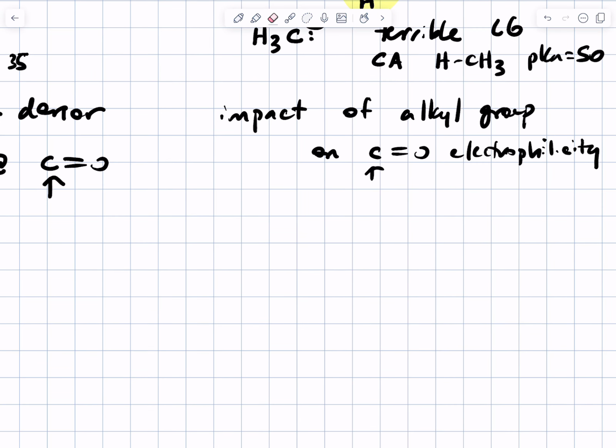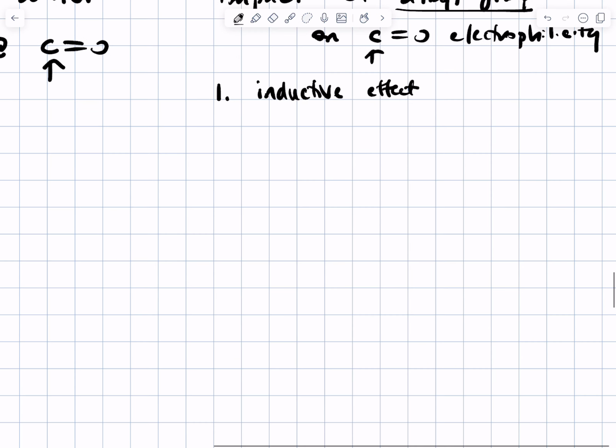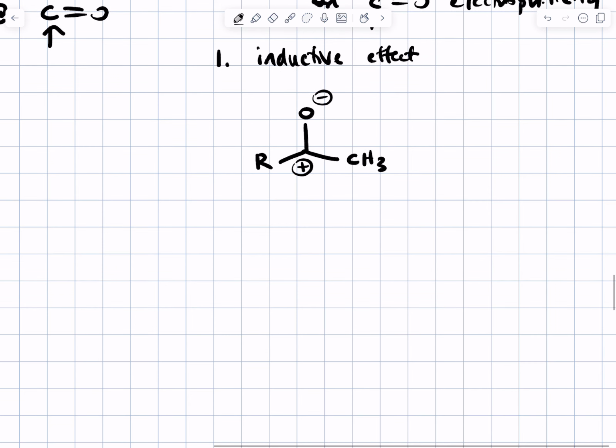there's one way of understanding the impact of the alkyl group on carbonyl carbon electrophilicity, and that is called an inductive effect. To understand this, we'll just draw the resonance structure of a ketone that has a positive charge on the carbonyl carbon.